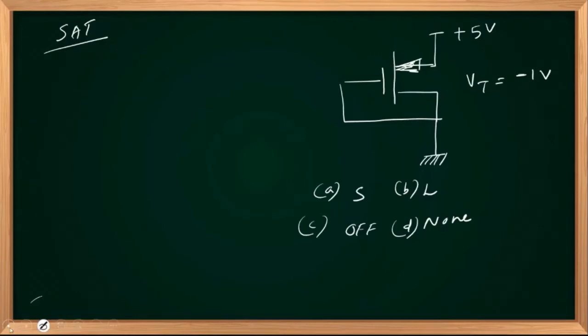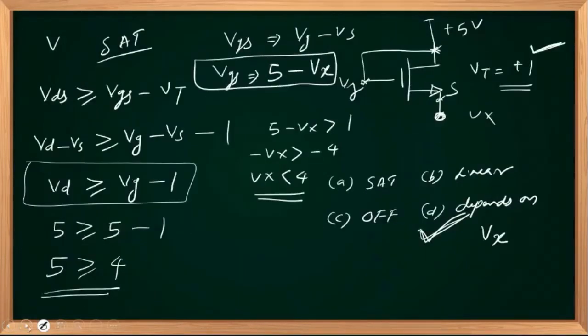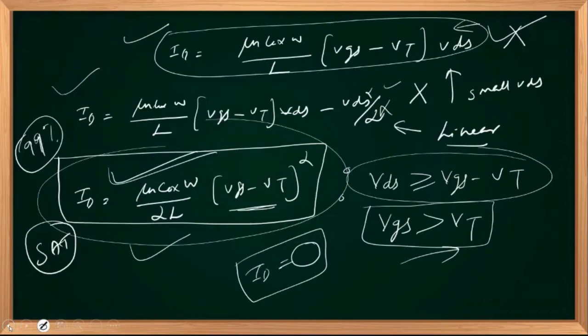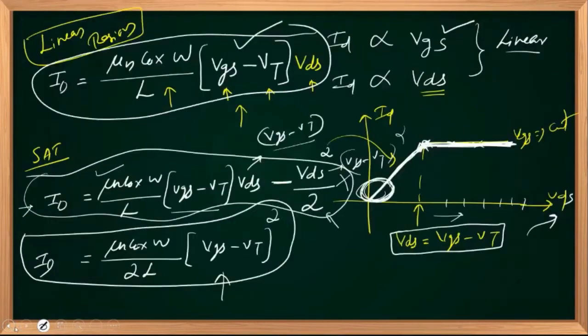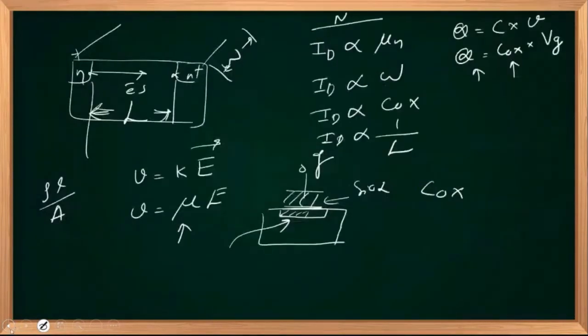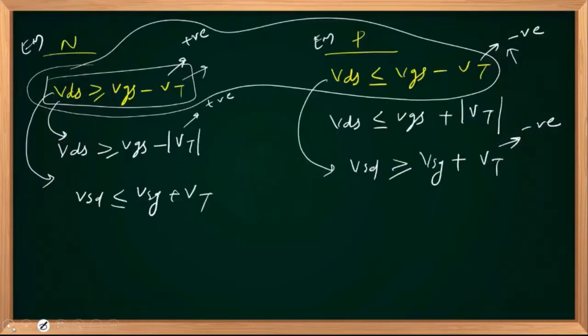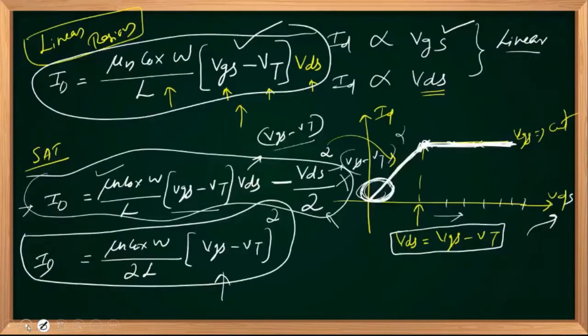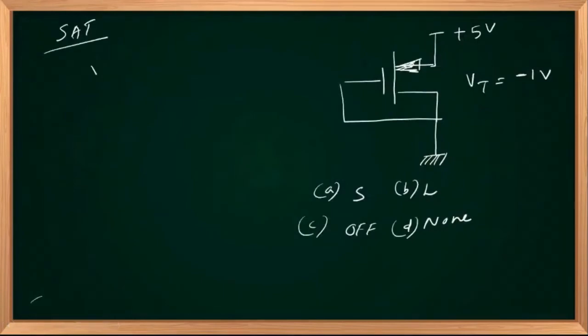Condition for saturation. What was the condition for saturation of NMOS? Sorry, PMOS. PMOS saturation: VDS less than or equal to VGS minus VT, right?